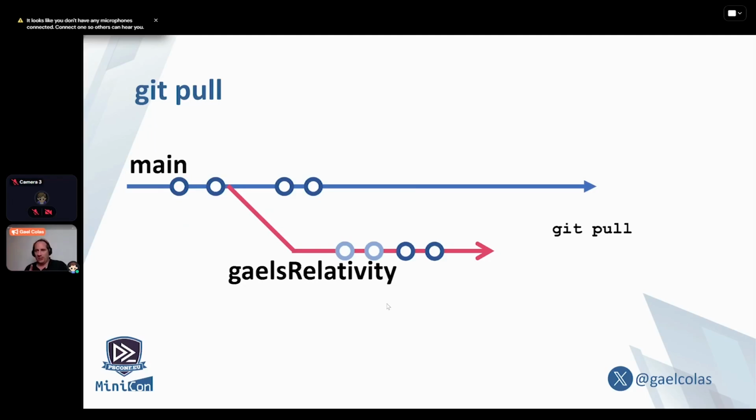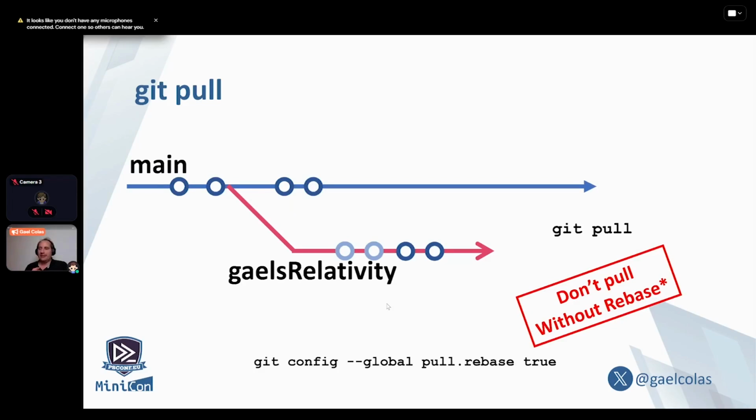The problem now is between main and my reality, we have a difference of events. So each commit being an event, I have two more commits which are before the two commits from main. So we are out of sync. We have different timelines, different events on these branches.